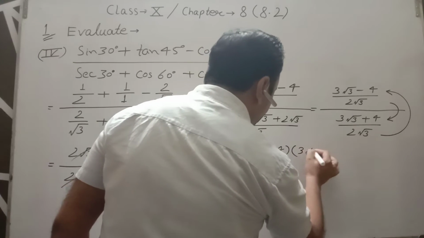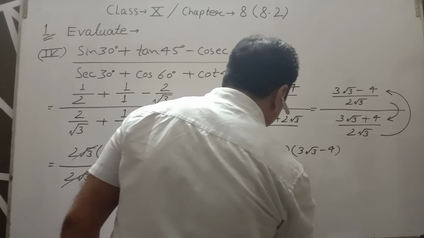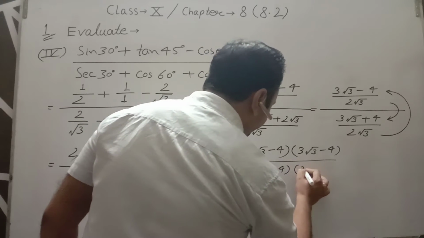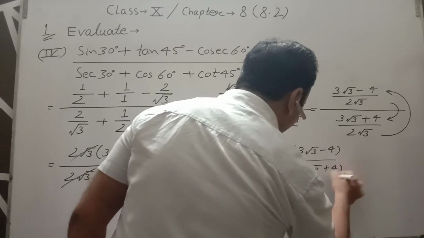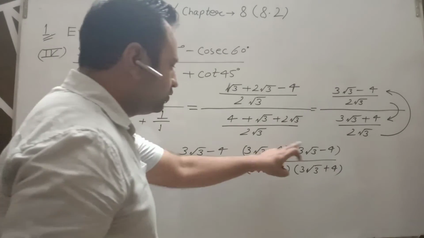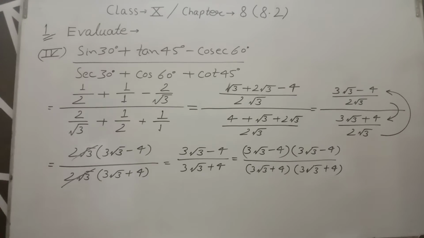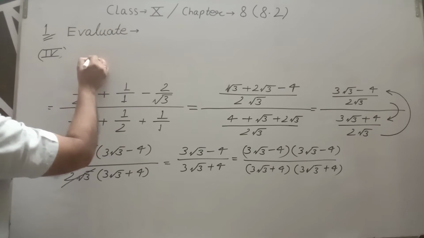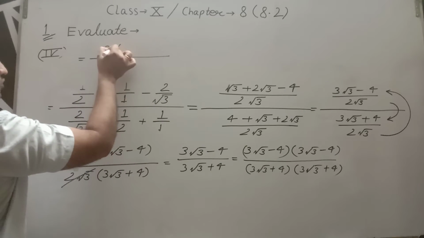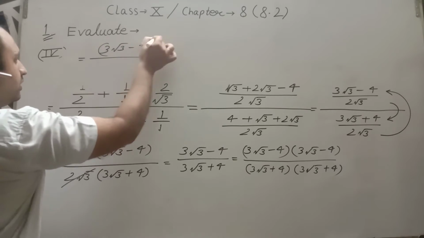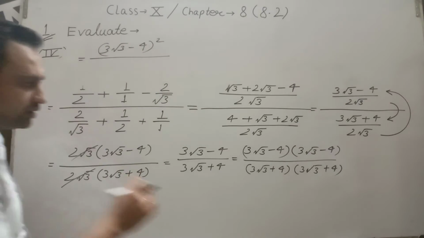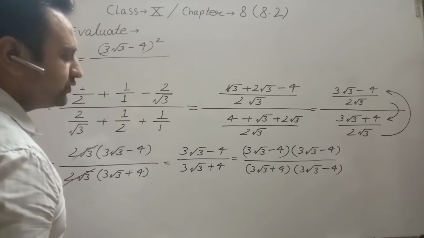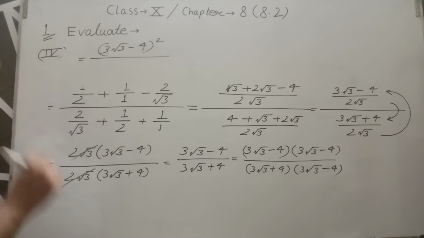So 3 root 3 minus 4, we multiplied it in the numerator as well as the denominator also. 3 root 3 minus 4 multiply 3 root 3 minus 4, the value we obtained is 3 root 3 minus 4 whole square, and in the denominator we multiply 3 root 3 plus 4 into 3 root 3 minus 4, a plus b into a minus b.